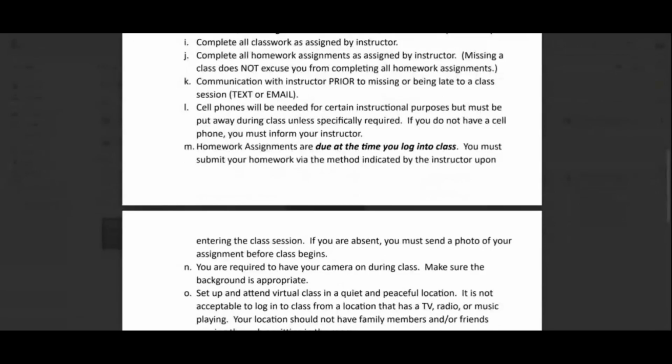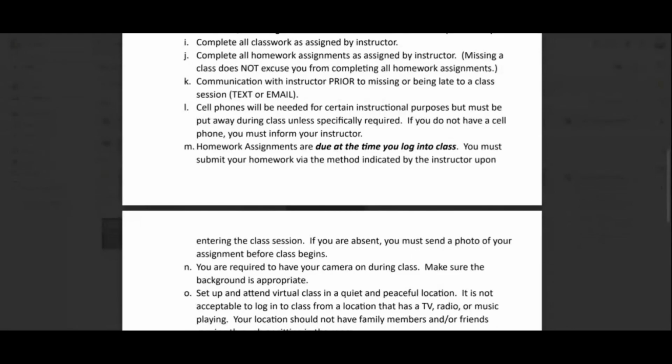Homework assignments are due at the time you log into class. You must submit your homework via the method indicated by the instructor. We use Blackboard, so you need to be submitting your assignments in Blackboard. You have to make sure that you submit them on the correct day.